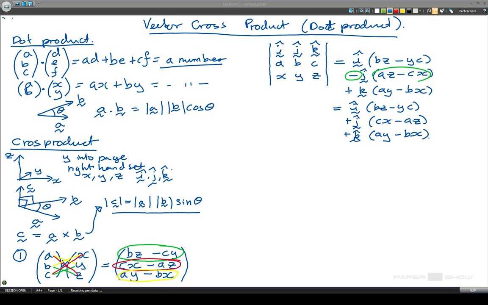So that's exactly the same formula we have, because if we would represent that as a column vector, what we get is bz minus yc, cx minus az, and ay minus bx. So that is a way of finding it by calculating the 3 by 3 determinant.